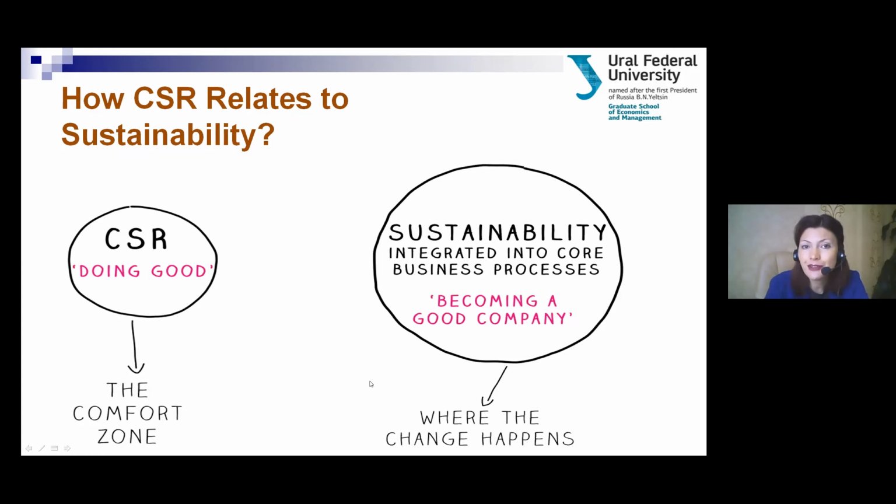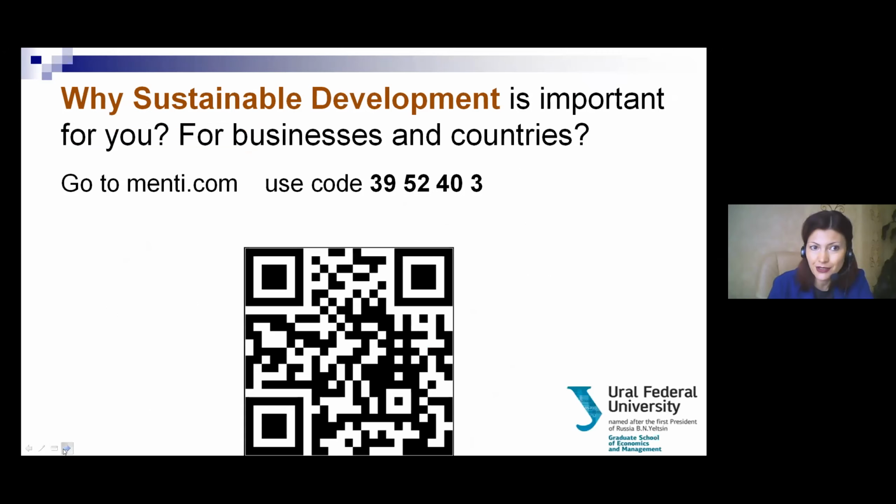That's where real change happens, and that's when sustainability is integrated into core business processes. And it's not just a standalone unit where you click that, okay, I'm good for today, but you're thinking how your action will change your region, your stakeholders, and your business for the better within 3 to 5 years.